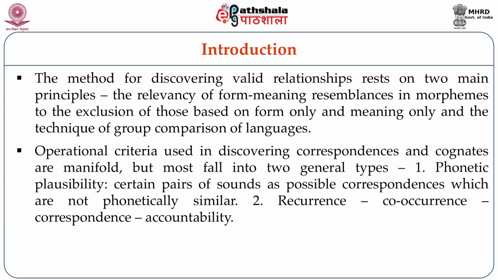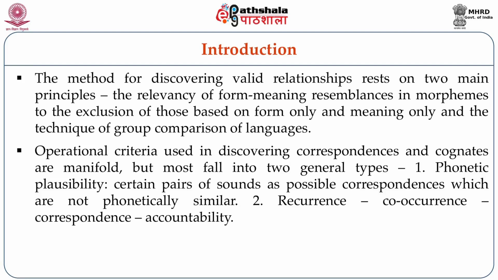Operational criteria used in discovering correspondences and cognates are manifold, but most fall into two general types. One, phonetic plausibility: certain pairs of sounds are possible correspondences, while others which are not phonetically similar are not.